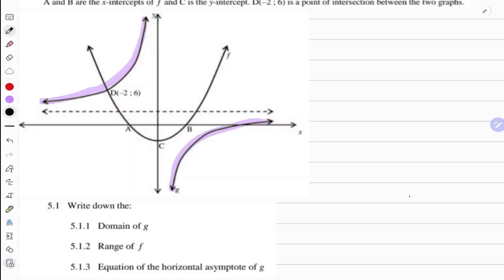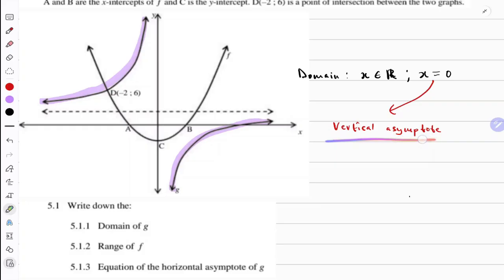So we can say then our domain is x belongs to the set of all real numbers, with the exception that x cannot be equal to 0. Because as we've seen, x is equal to 0 is a vertical asymptote, and this function doesn't exist in this region.